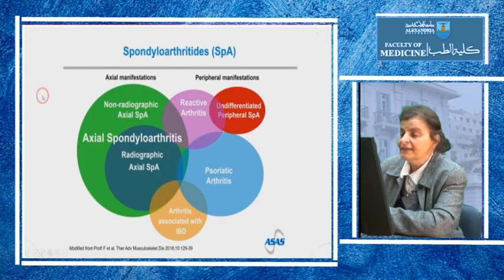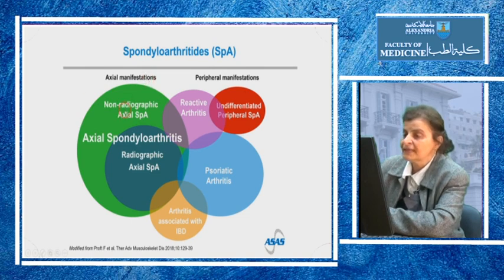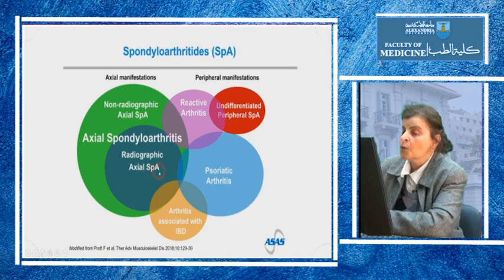So once again, we see the different heterogeneous groups. Axial spondyloarthritis with the axial manifestations is subdivided into the radiographic axial spondyloarthritis, what we used to know as ankylosing spondylitis, and the non-radiographic axial spondyloarthritis.